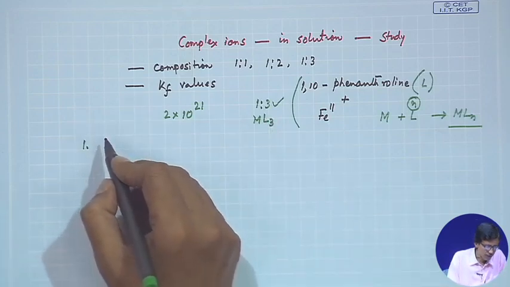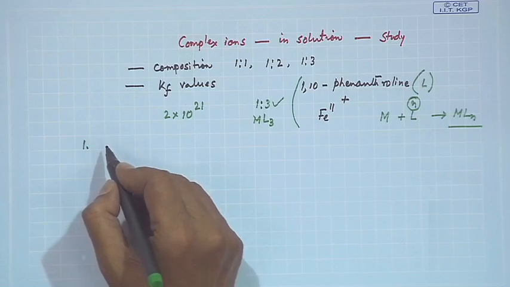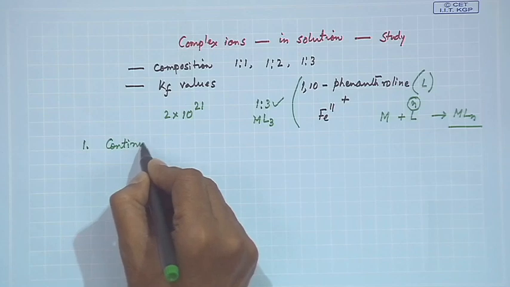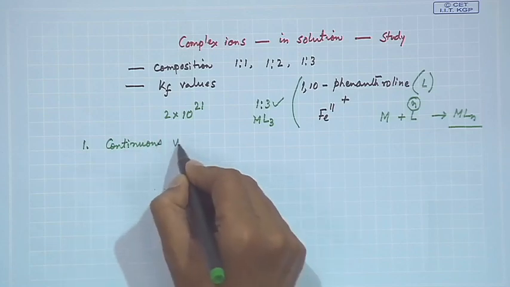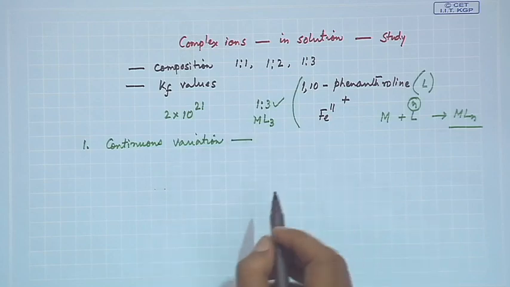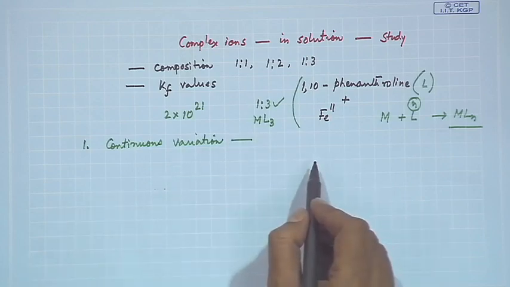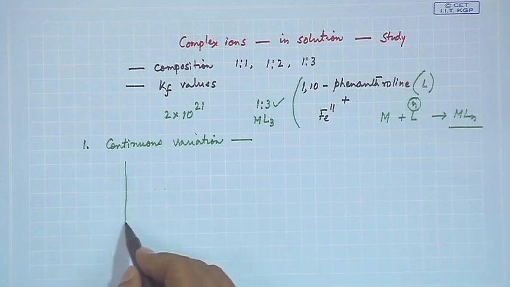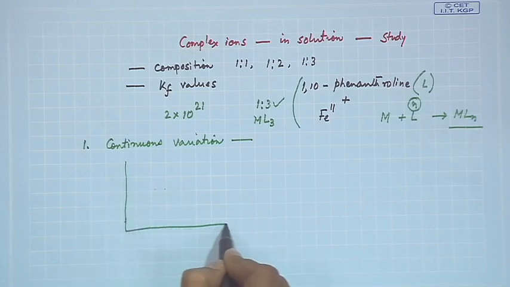So, the first technique is the method of continuous variation. As the name implies, we vary the concentration and measure the absorbances.